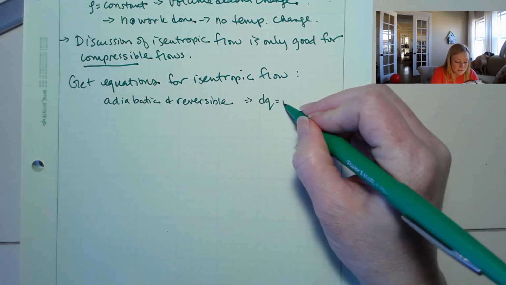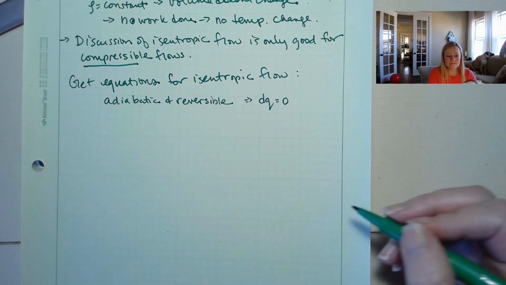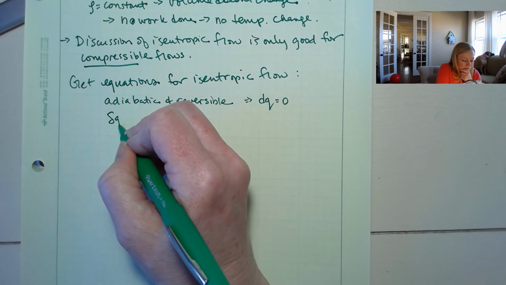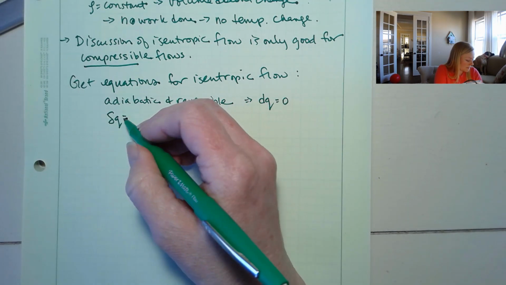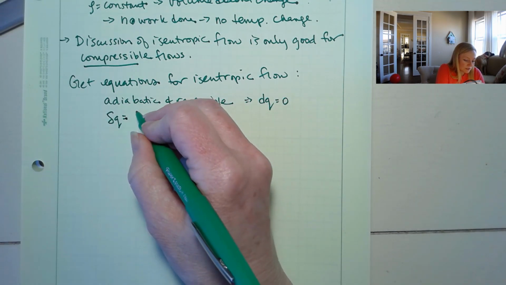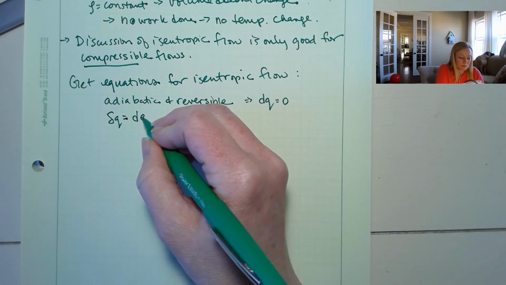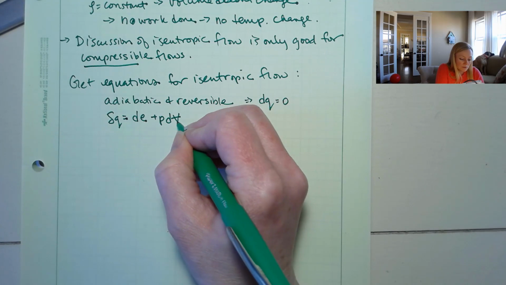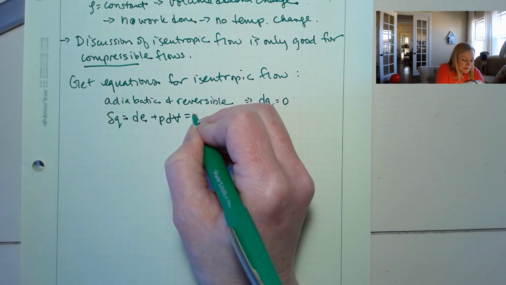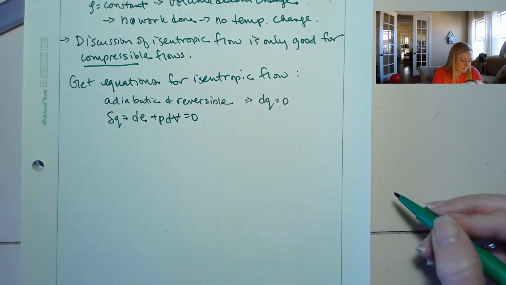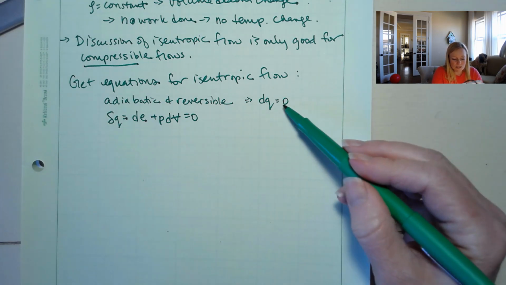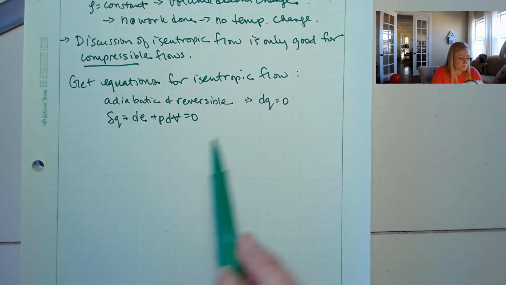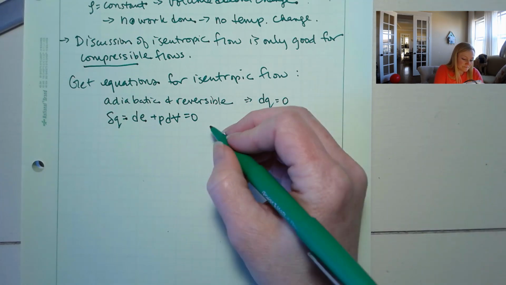So this should be 0, right? And then if we look at our equation that we talked about before, we've got our delta Q equal to dE, where this E is internal energy, plus the pressure times dV, where this V is volume. So that's got to equal 0. Because we already established there's no change in the heat, right? So that's got to be 0, which means this is 0.